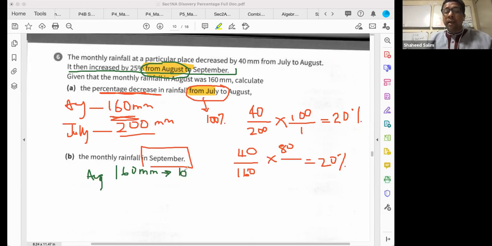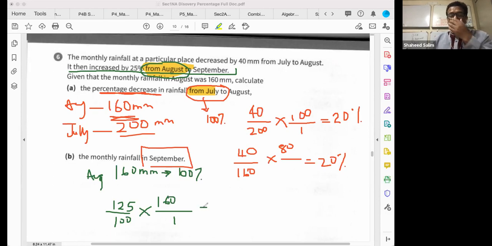So what you want to find? You want to find September, means you want to find 125%. So you just put like that. September, 125 down here. Below must put percent. 100% is how many? 160 mm. You will be able to get. Some of you will think it's 200, not 200. Let me check. 125 divided by 100 times 160. 200.